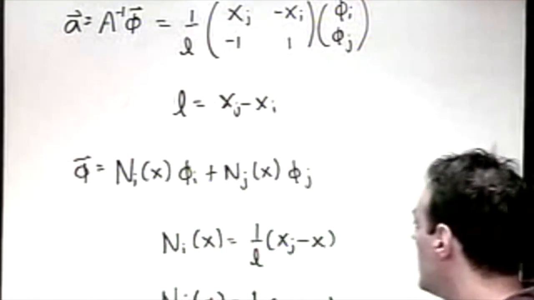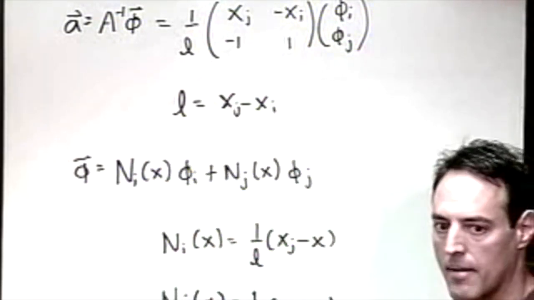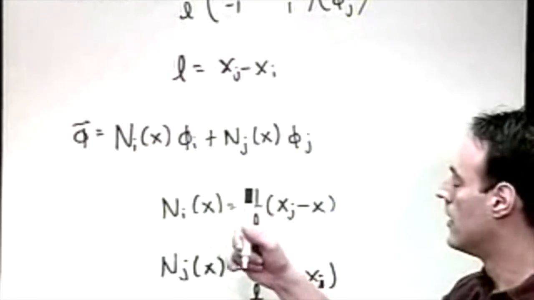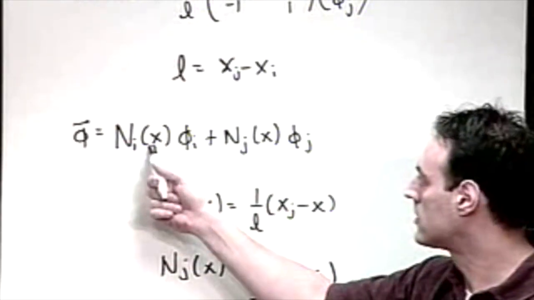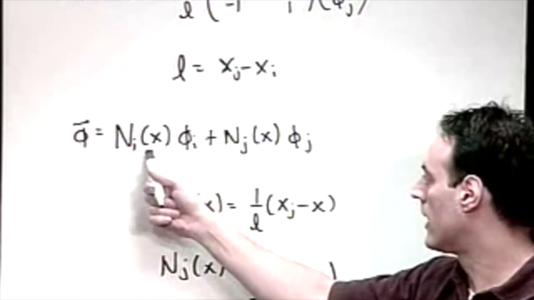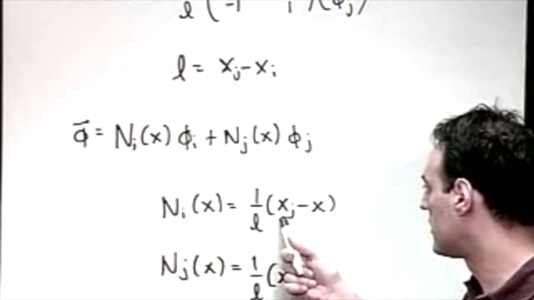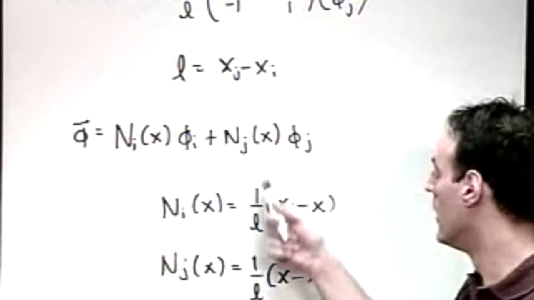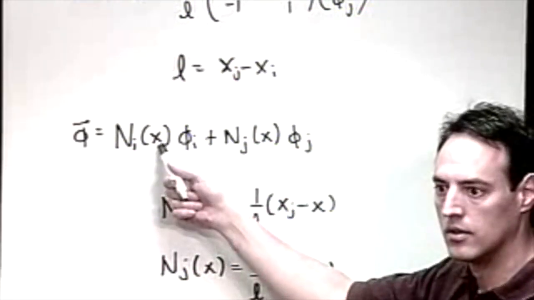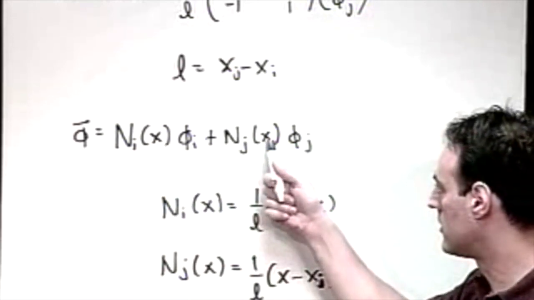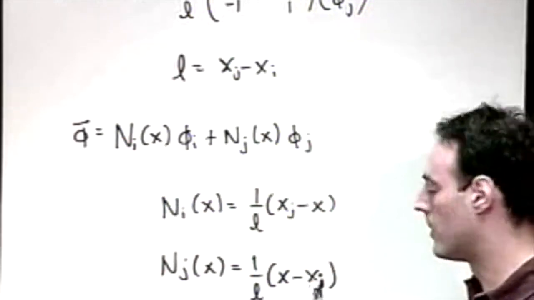So notice what happens. When x is equal to x_i, put an x_i here, what do you get? N_i(x_i): you get x_j minus x_i, which is L over L, which is just 1. This becomes, put in x_i, you get x_i minus x_i, 0.